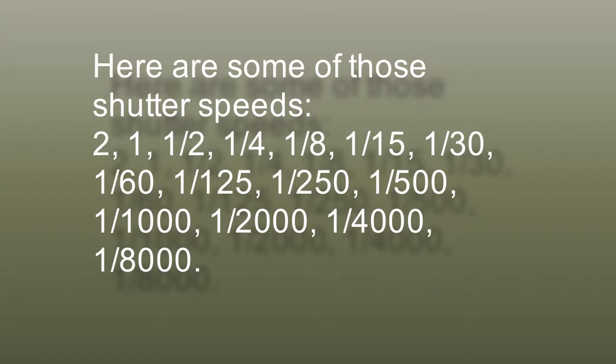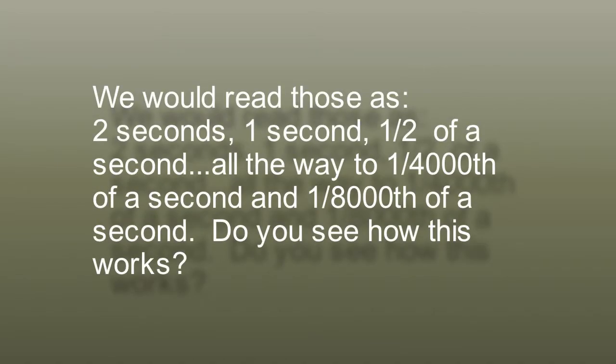Here are some of those shutter speeds: 2, 1, 1/2, 1/4. We would read those as 2 seconds, 1 second, 1/2 of a second, all the way down to 1/4000th of a second and 1/8000th of a second. Do you see how this works?